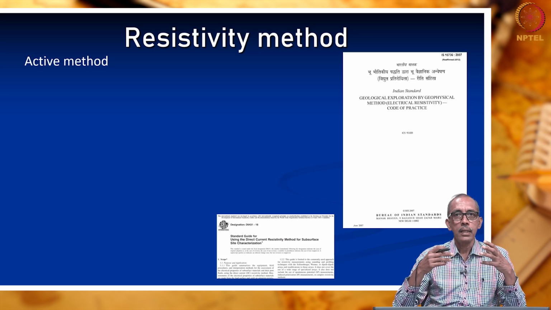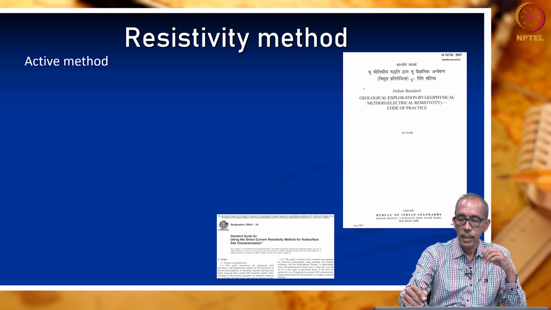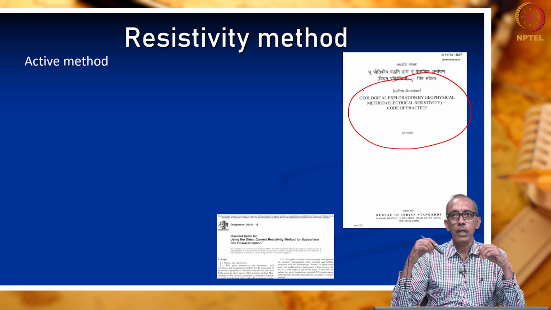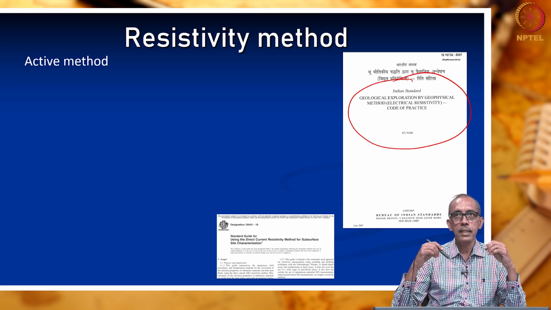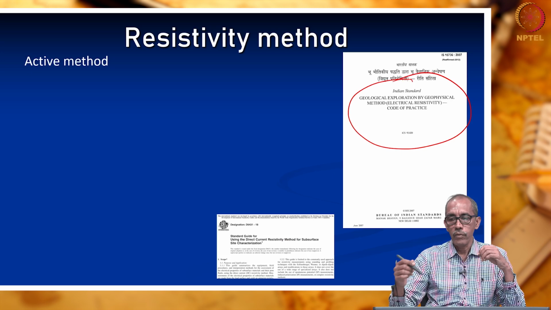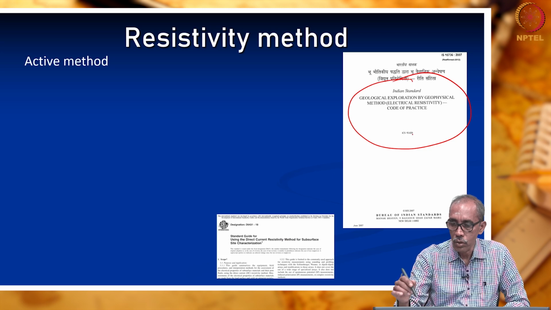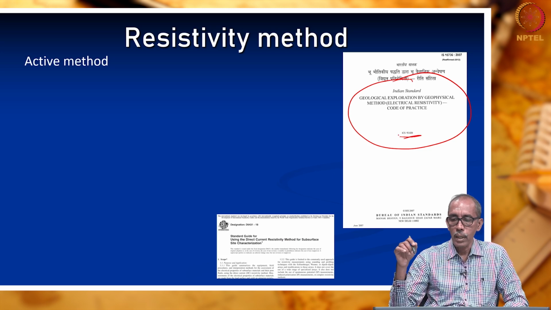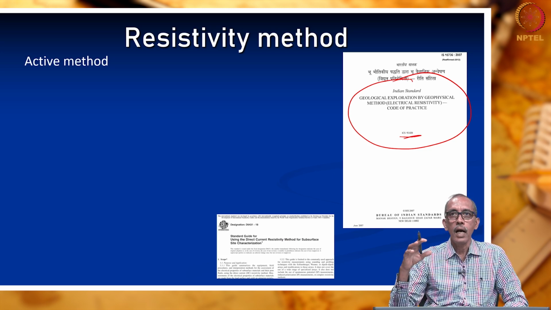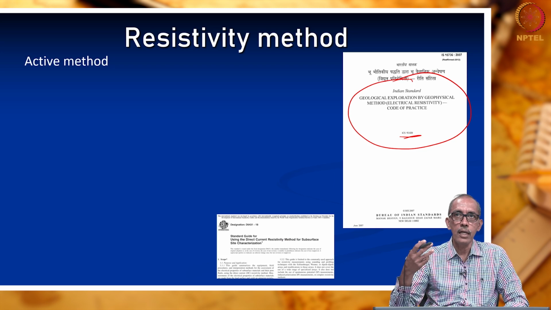Because this method is commonly used for different applications, there are also standards brought out by the Bureau of Indian Standards. You can see a code, 93020, which is a code number that highlights how the survey has to be carried out in the field.